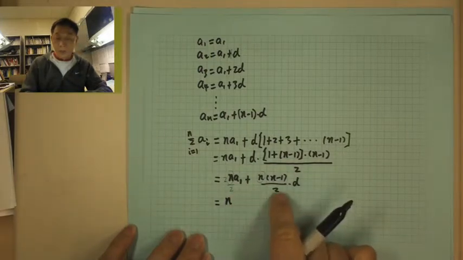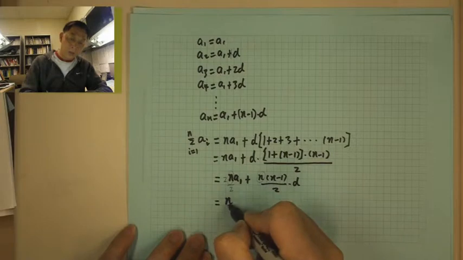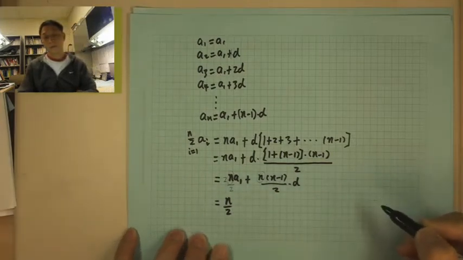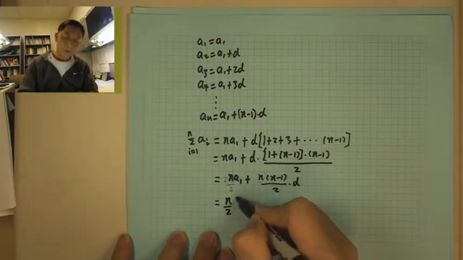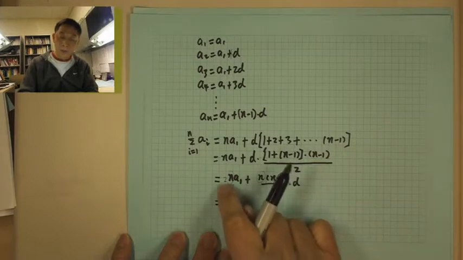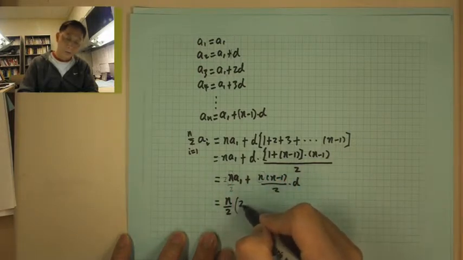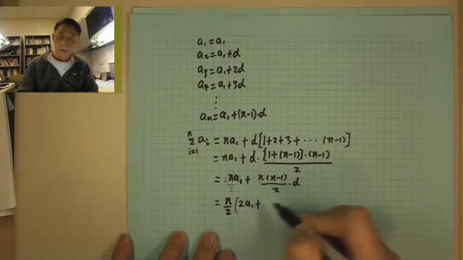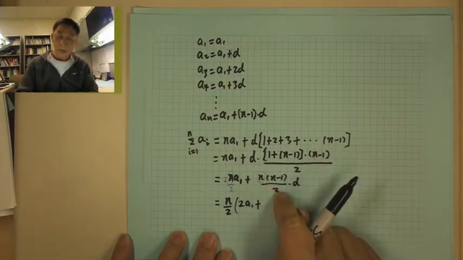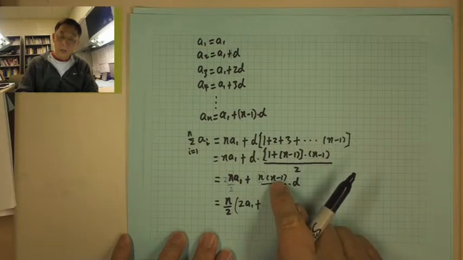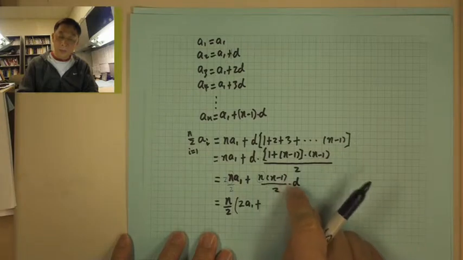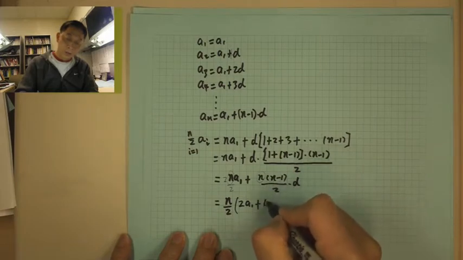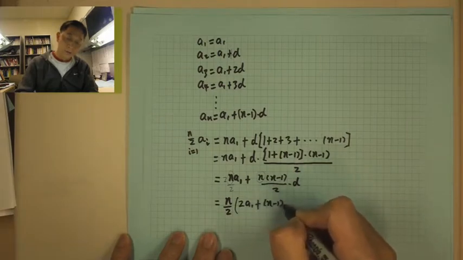This denominator 2 can also be out, so you pull n over 2 out. Then what's left over inside is 2 times a1, and then with n over 2 out, only n minus 1 times d inside. So you may write like this.